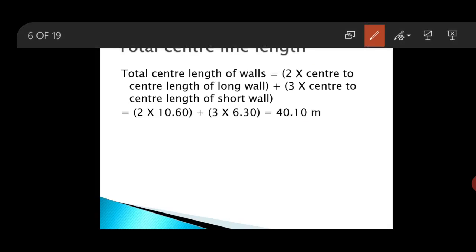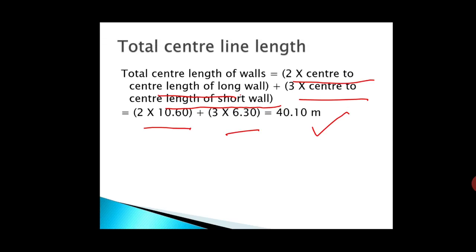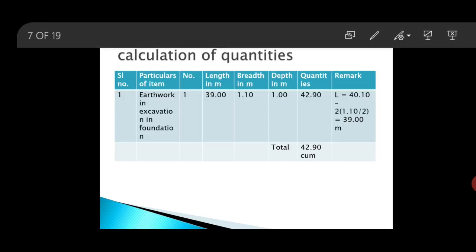Here this is the total center line length calculation: 2 into center to center length of long wall plus 3 into center to center length of short wall. That means 2 into 10.6 plus 3 into 6.3. Then in the details of measurement form, this is the earthwork in excavation in foundation. So number will be 1 as we have considered the entire building. What is the length?